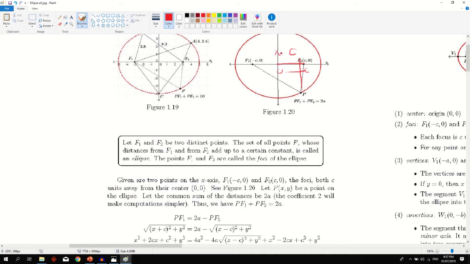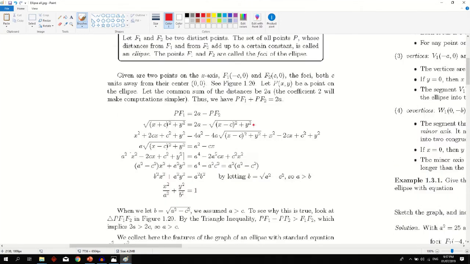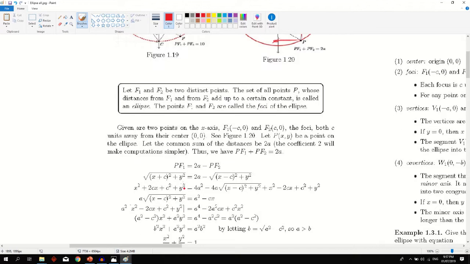So (x - c) squared, we minus c to get the distance from this to this one. Then plus y squared. It's still the same y, just like the PF1. This is how it was made.